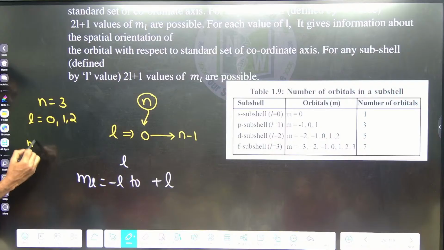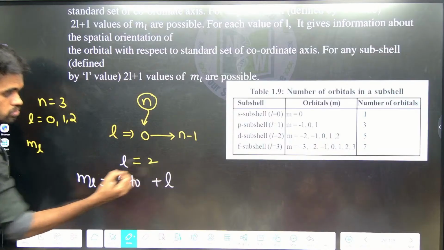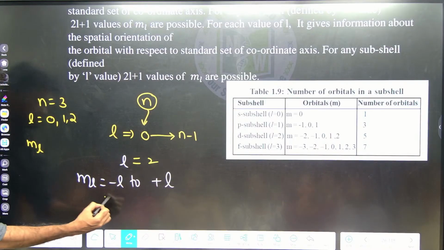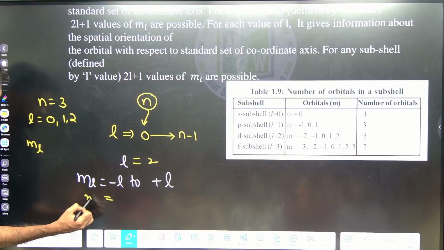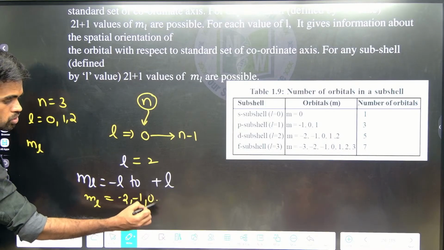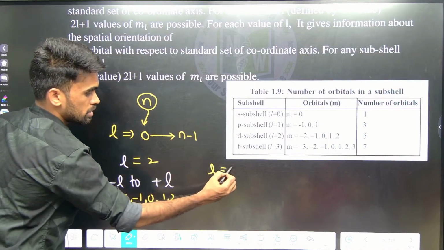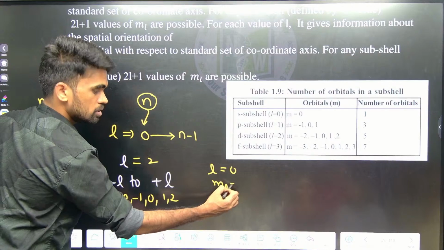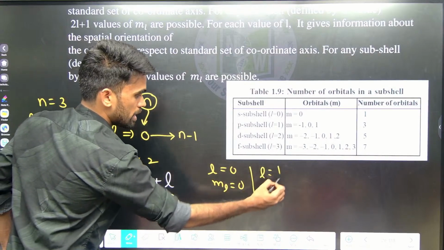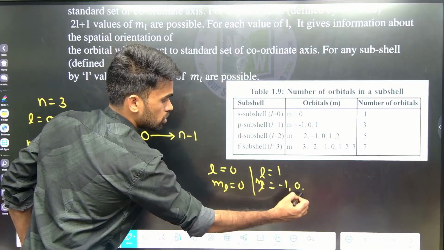Now what are the possible ML values? If L equals 2, ML values will be minus 2, minus 1, 0, 1, 2. If L equals 0, ML will be 0. If L equals 1, ML will be minus 1, 0, plus 1.